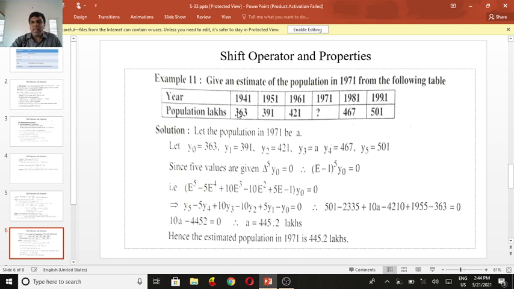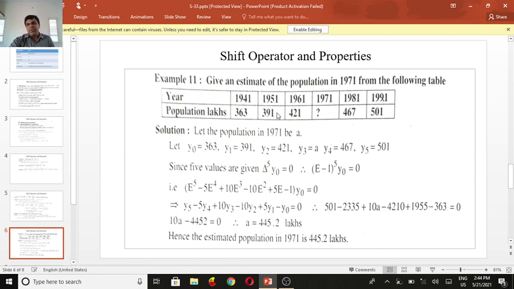Population in lakhs: suppose 1941 is 363 lakh, 1951 is 391 lakh, 1961 is 421 lakh. 1971 we don't know, so I simply put a question mark, we want to find this year's population. 1981 is 467, 1991 is 501 lakh.